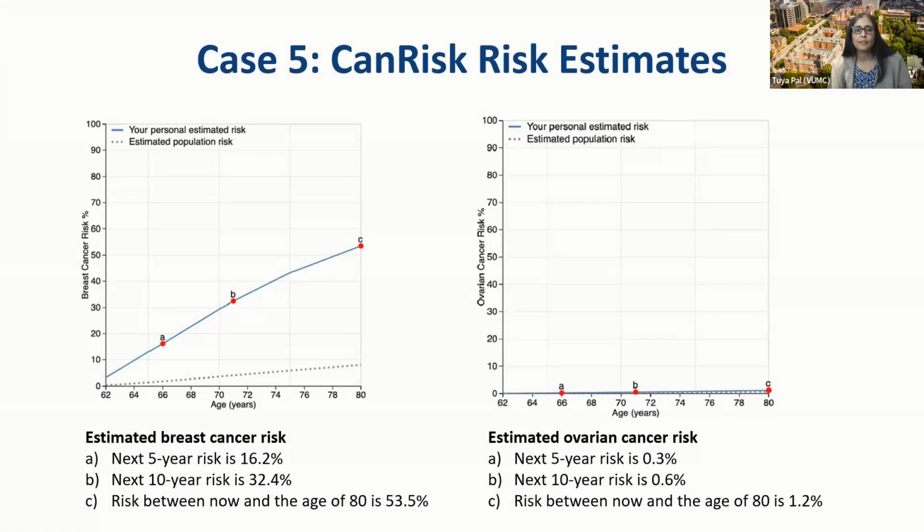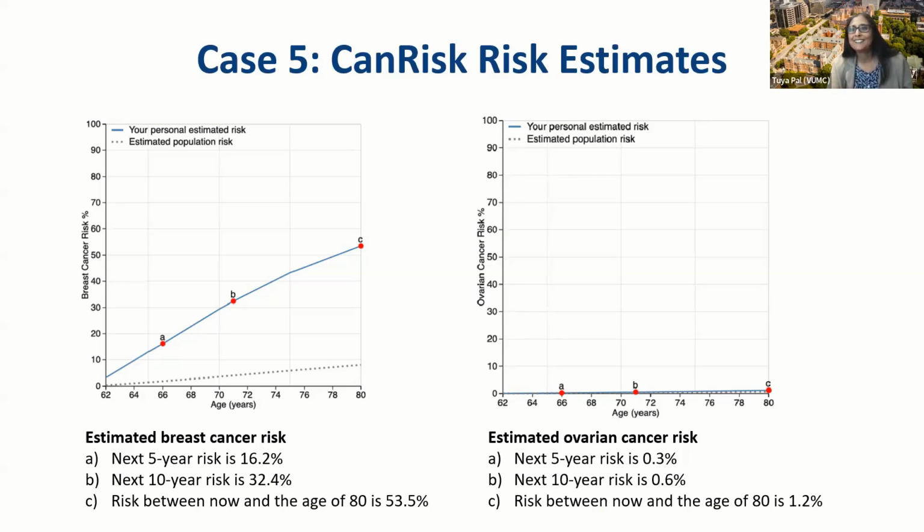So I ran CanRisk, and you can see here again, the breast risk is on the highish side, my thought was, for PALB2, and then super duper low for ovarian cancer. Which again, I think you've explained to us before, sometimes when the breast risk is high, the ovarian risk is low because of some of the risk factors that go in different directions, but I would love your input on this one.